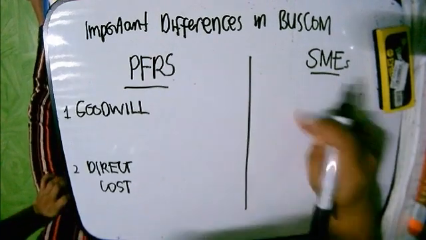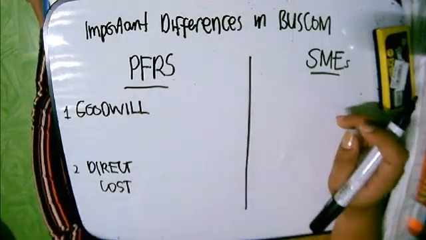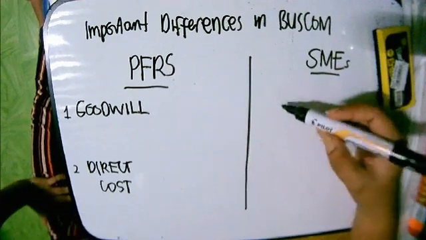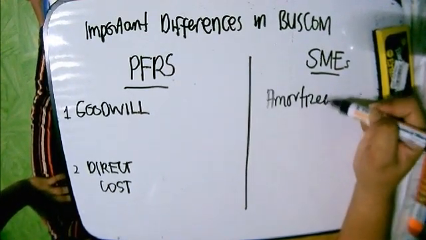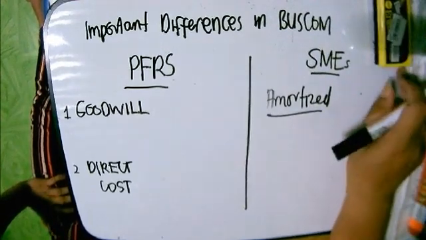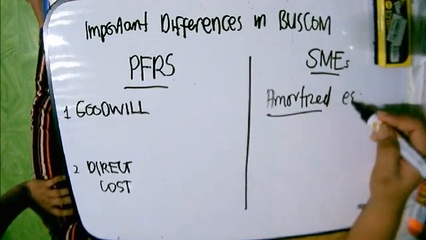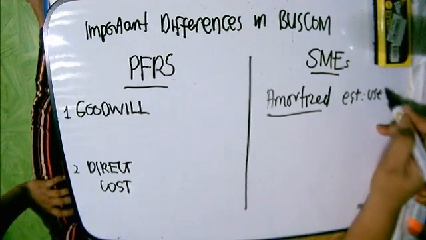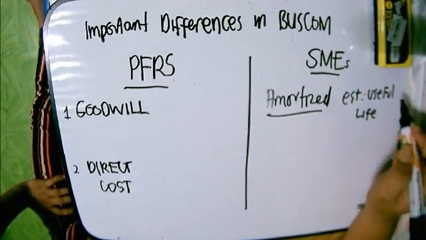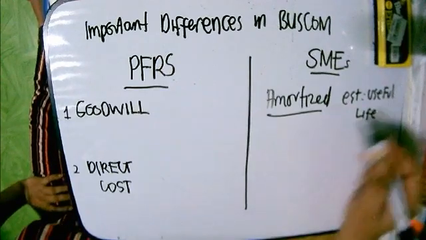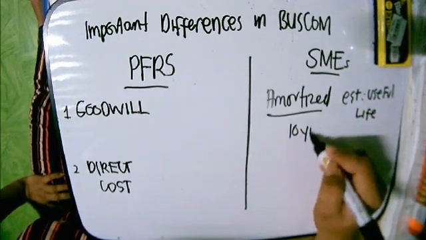While in SME or under small medium enterprises, goodwill is being amortized. So, ina-amortize siya within its estimated useful life. Now, kung hindi naman given yung kanyang estimated useful life, it is assumed that the life of the goodwill is within 10 years.